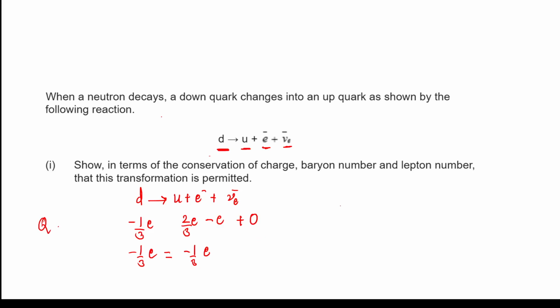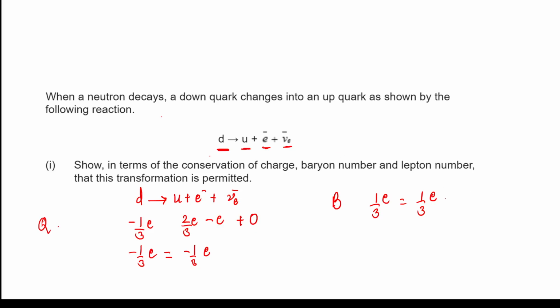Now let's see the baryon number. For a down quark, the baryon number is 1/3. If you want to see, go back to the first video and see the table I've made there. And the up quark is also 1/3. Electron is a fundamental particle, so no baryon number.